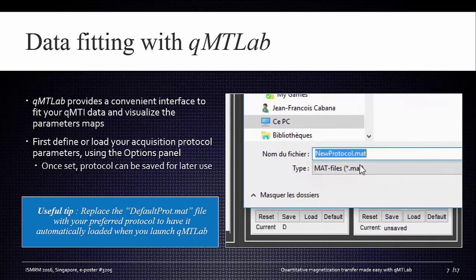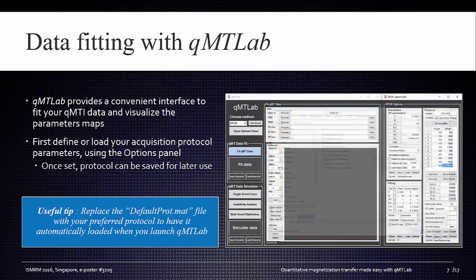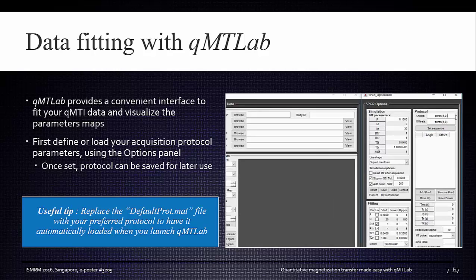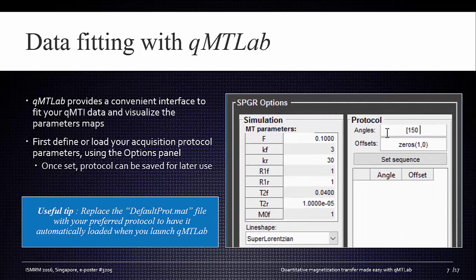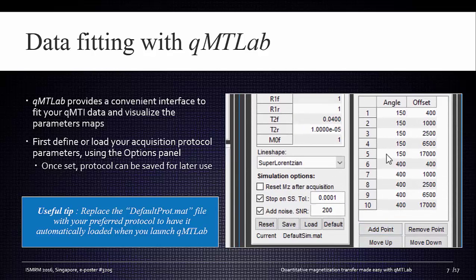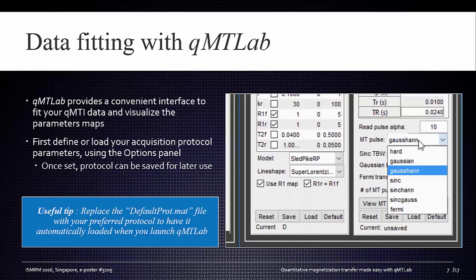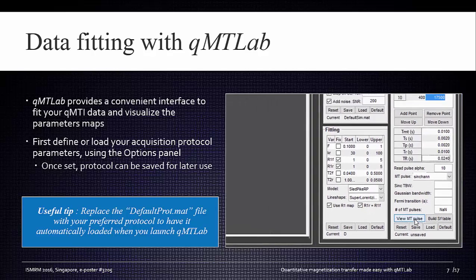You can save your protocol to reuse it at a later time. For example, if you always use the same protocol in your institution, you can replace the default prot.mat file that comes with qMTLab. This way, every time you launch qMTLab, your preferred protocol will be loaded automatically.